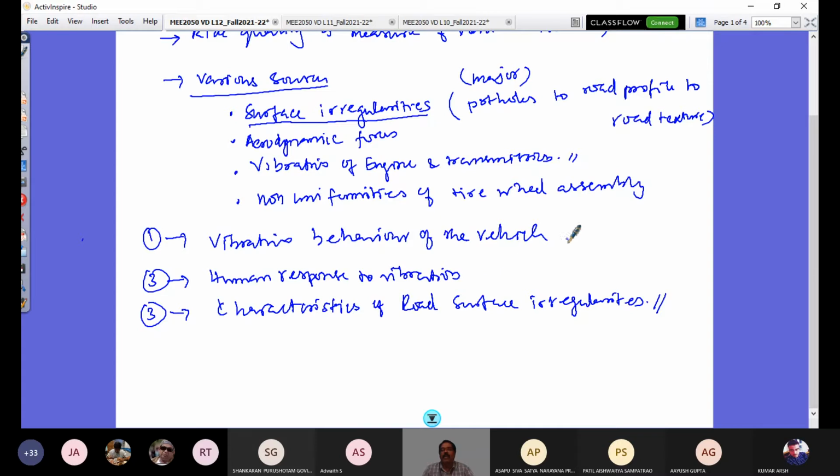If you are good at these three, you would comfortably be able to meet the objective of vertical dynamics, otherwise called ride dynamics. So with this introduction to the significance of this particular module, I think you are now motivated to get into details. I'm going to start with the first step, that is understanding the vibrational behavior of a vehicle.